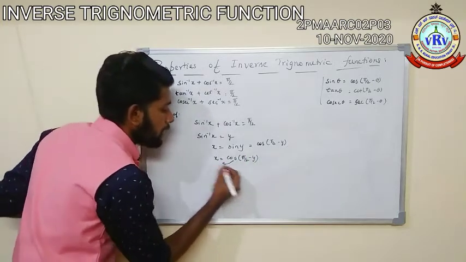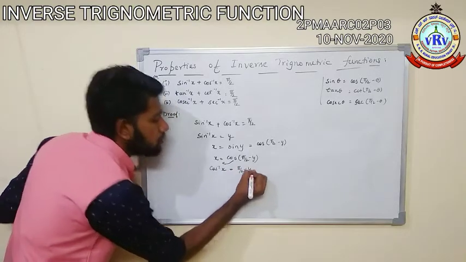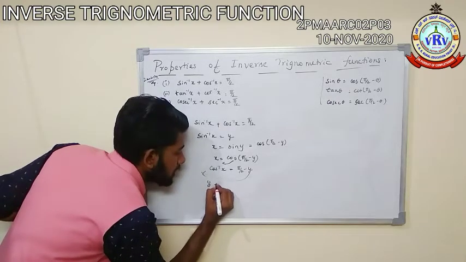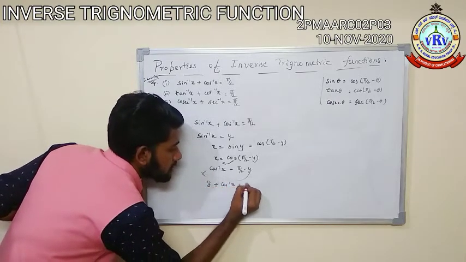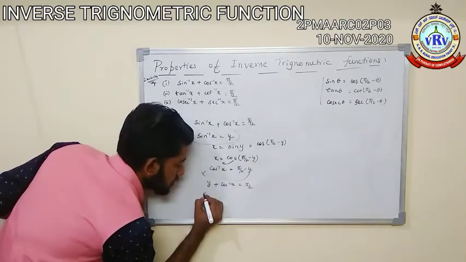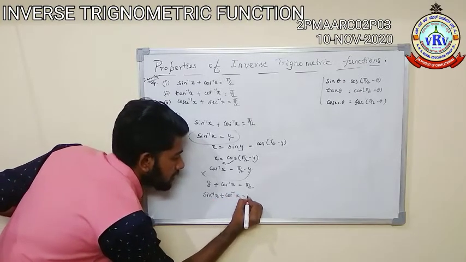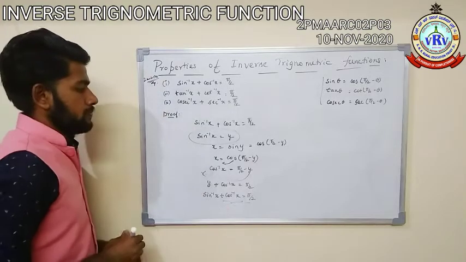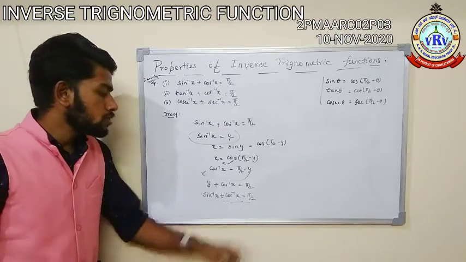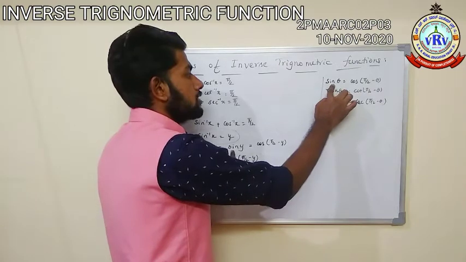If I apply cos inverse, then cos inverse of x is equal to pi by 2 minus y. I will shift this y to the other side, minus y becomes plus y, so y plus cos inverse of x is equal to pi by 2. But we substituted y as sin inverse of x, so sin inverse of x plus cos inverse of x is equal to pi by 2. This is the proof.